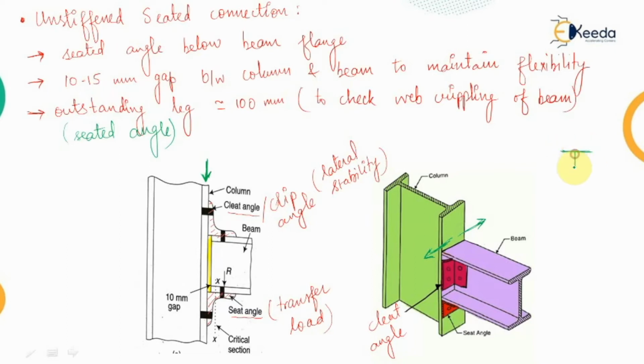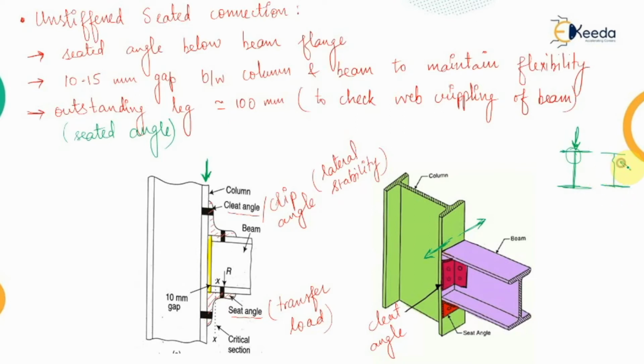Whenever we are providing the I section as the beam, under concentrated loads the weak part of the I section, usually the joint of the flange and the web portion, buckles locally. That means there will be a buckling in this manner, and the I section will look like this.